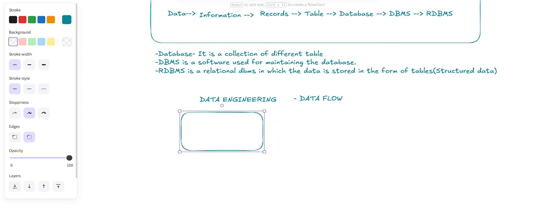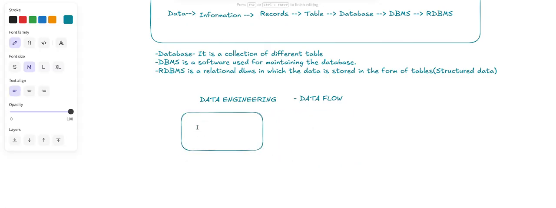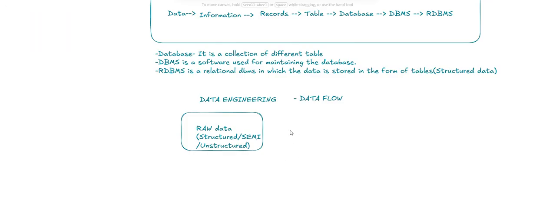First of all, we have raw data, which is structured, semi-structured, or unstructured. This is the kind of data we have in the first phase.